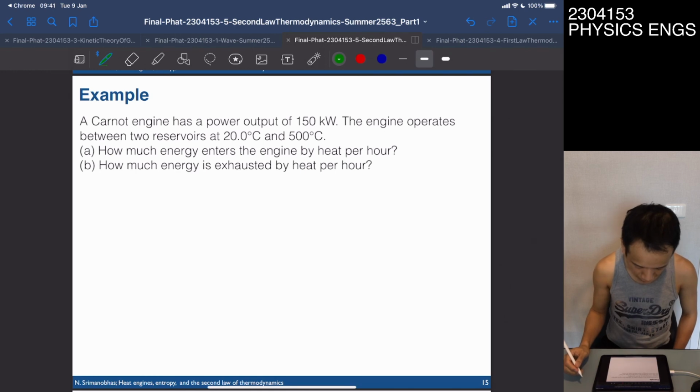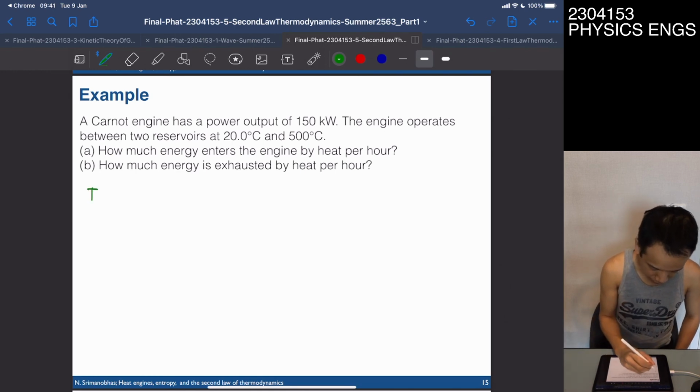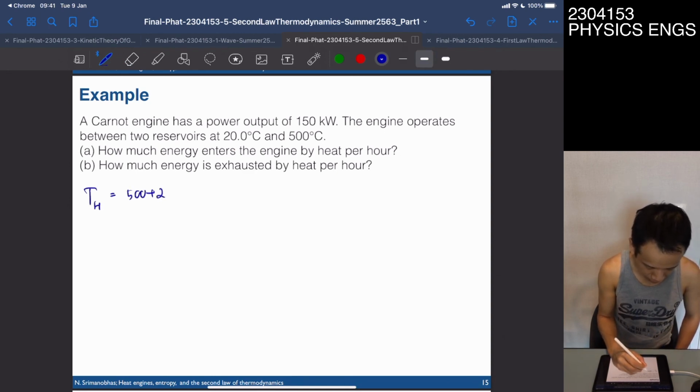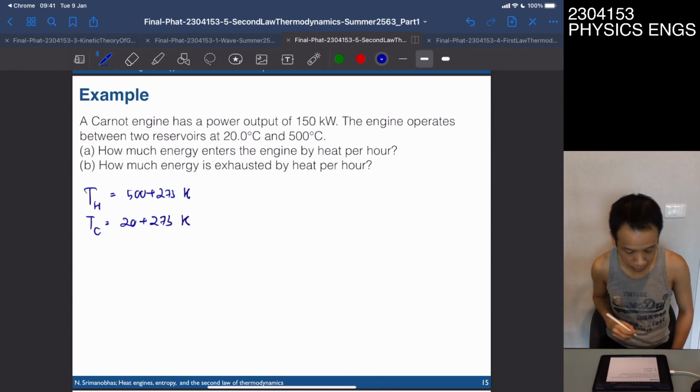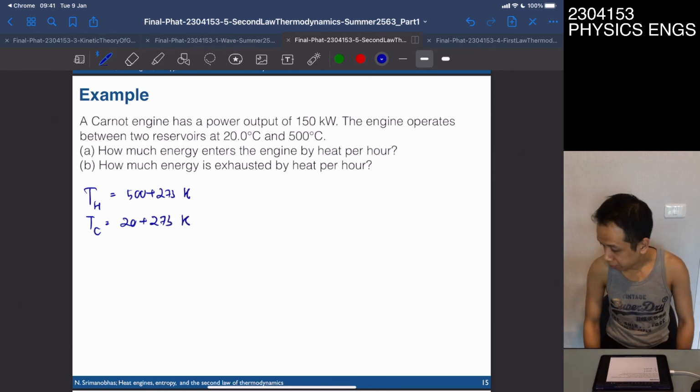So from the problem, you have T hot, which is 500 plus 273 Kelvin. You have T cold equal to 20 plus 273 Kelvin.